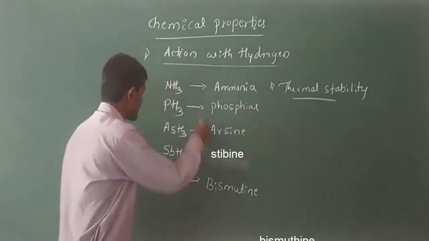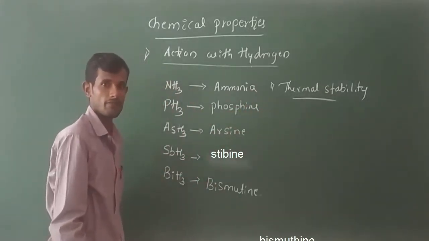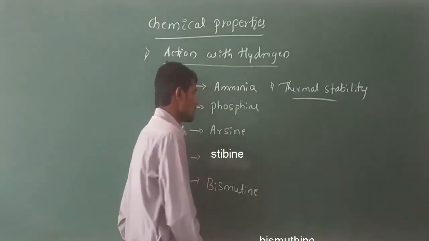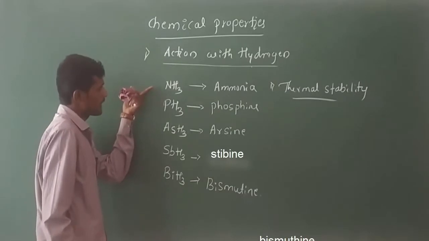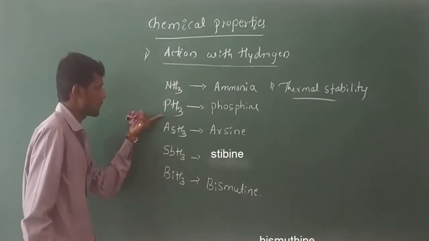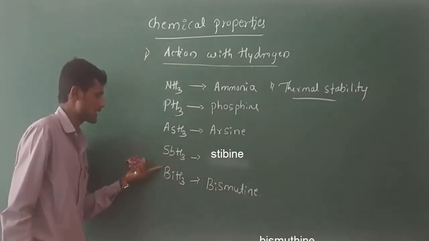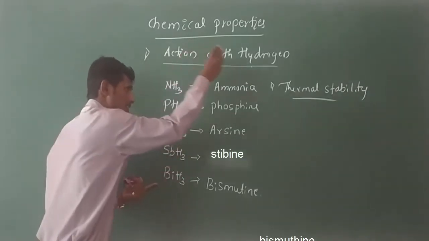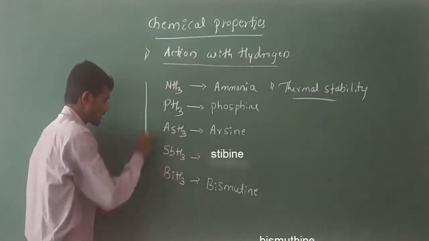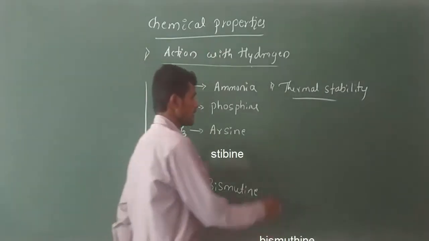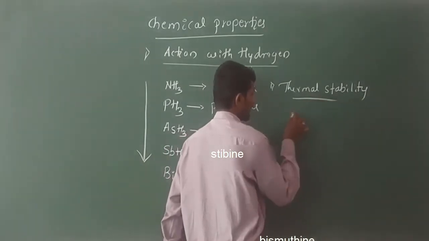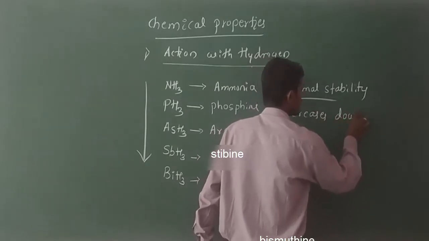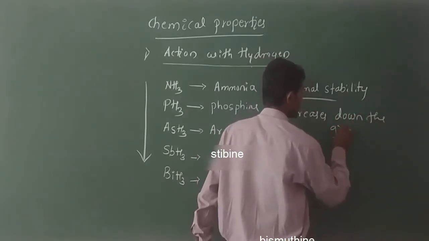What are the 15th group element hydrides? NH3, PH3, AsH3, SbH3, BiH3. The thermal stability of these hydrides decreases down the group.